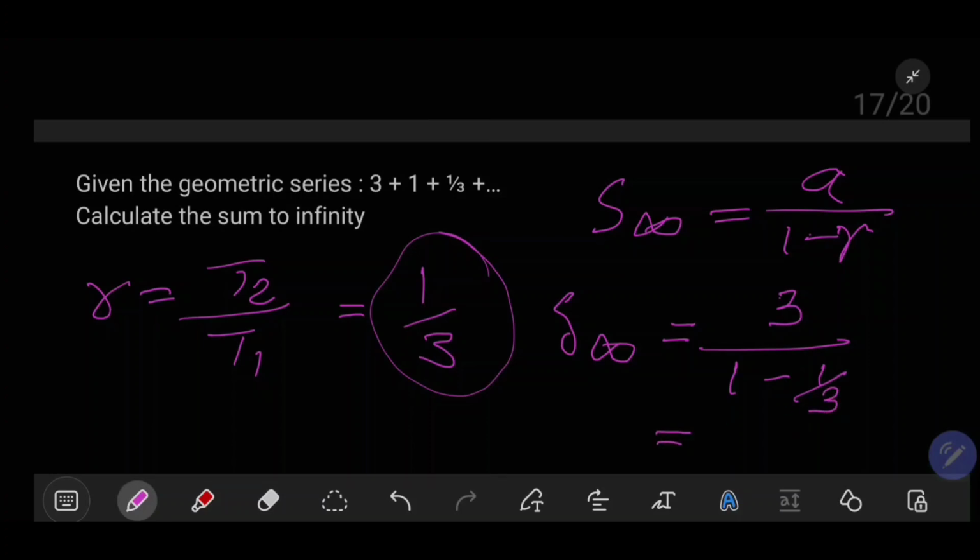Then we get our calculator, and we say fraction 3 over 1 minus 1 over 3, and then we get 4.5. So this is the sum to infinity of this series.